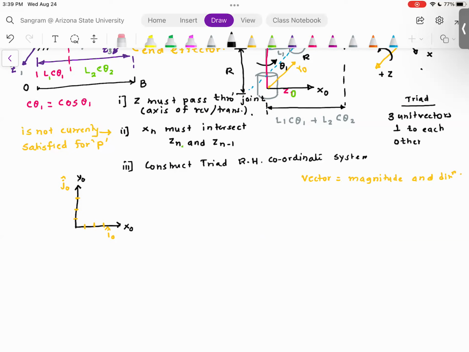What do I mean by that? So for example, if this is the point, this is O, this is point A, and point A's coordinates are 2, 3.